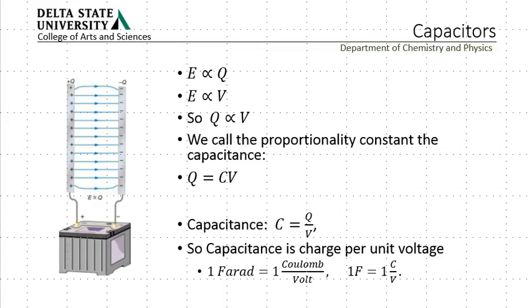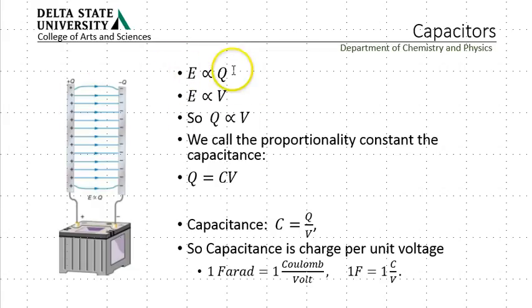So Faraday was looking at the fact that the electric field strength is proportional to the charge that's there. We saw this with a single charge, E equals kQ over r squared, so it's proportional to Q. He also looked at the electric potential as proportional to voltage.